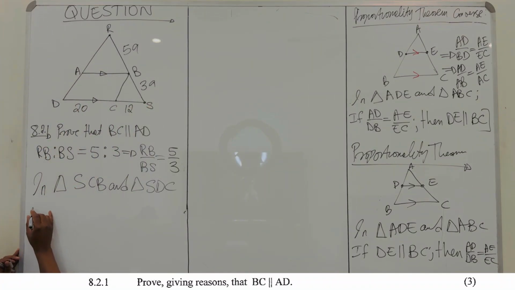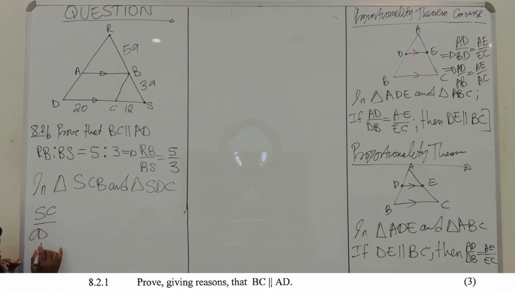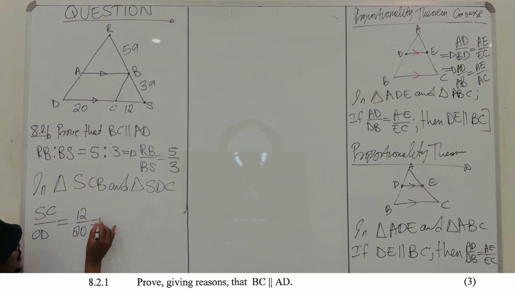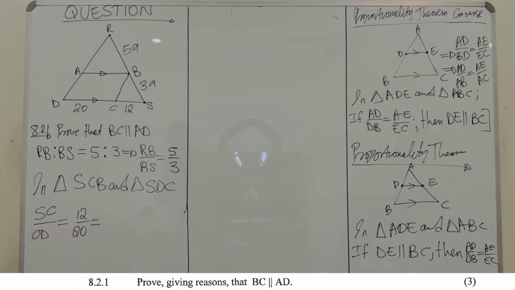If we say, let's say SC over CD, SC over CD is equal to 12 over CD, which is 20. Right? Punch that on a calculator. What is 12 over 20? 12 over 20 is equal to 3 over 5.